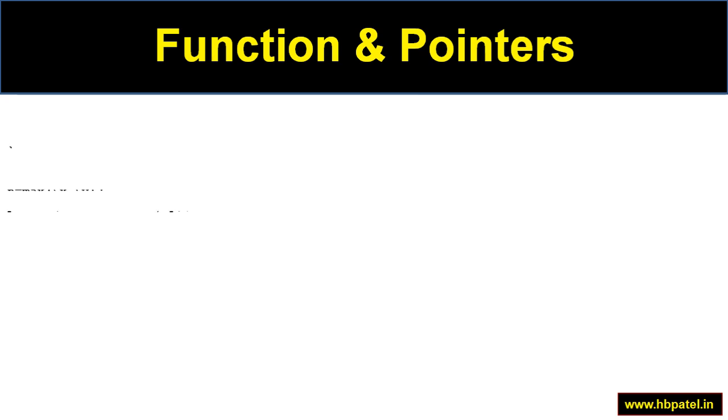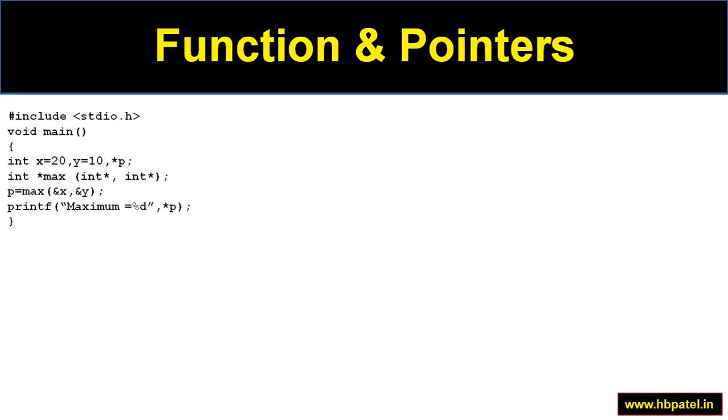So let's have one more example to find out the maximum. Now in this case, we'll even be returning something. In the previous case we did not return anything. In this case we'll try to return one pointer variable. This program is very simple. We have x and y and I want to find out the maximum.